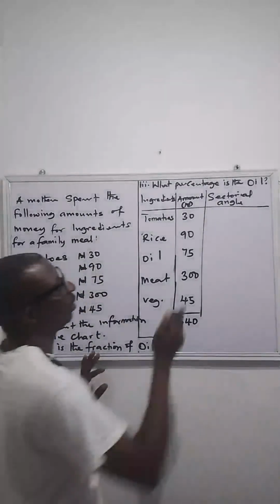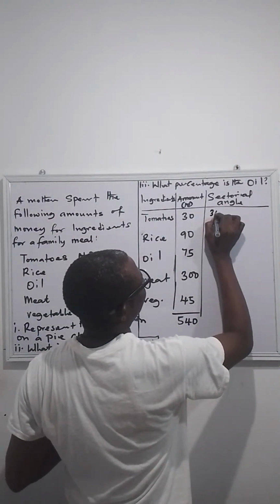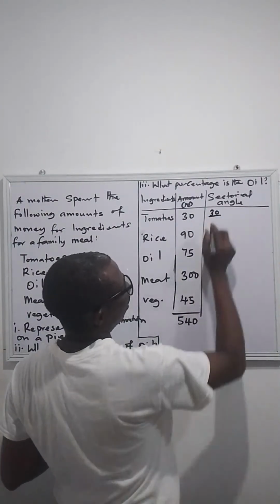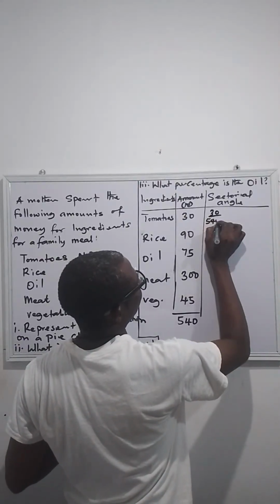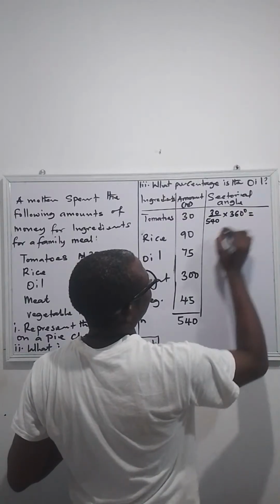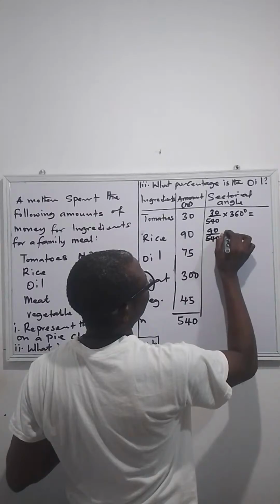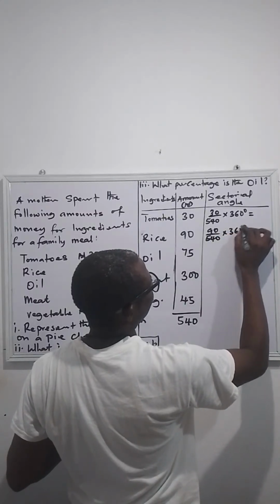All right. So now to get the sectorial angle for tomato, we have 30 over 540 times 360 degrees. The next one, 90 over 540 times 360 degrees.